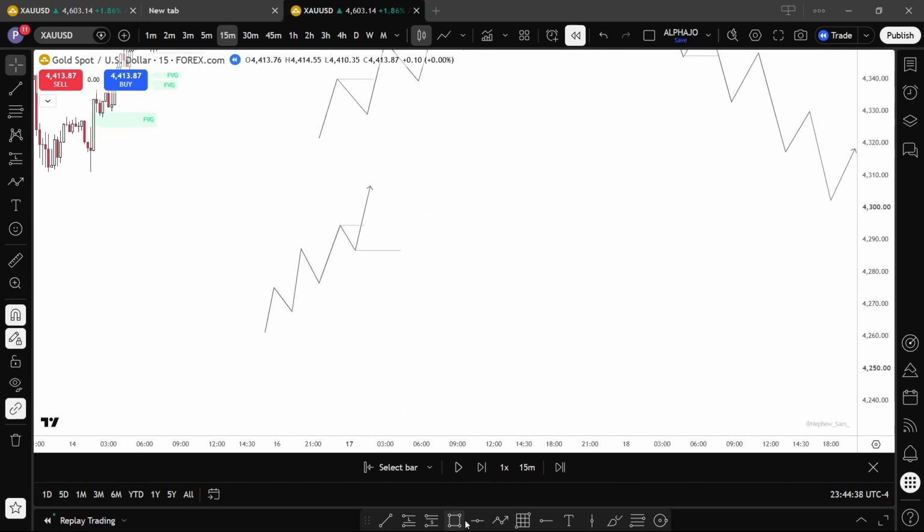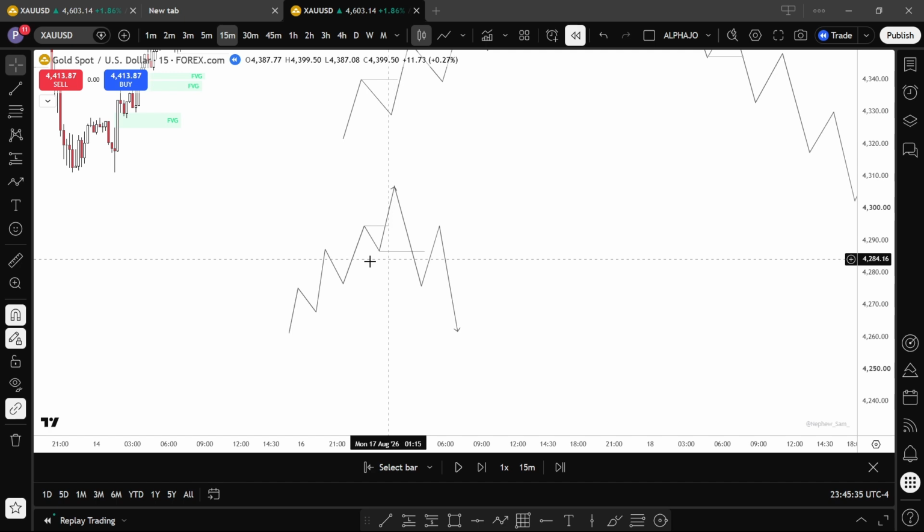But the moment price breaks this important low here, this shows us that they want to change the direction they are already moving in, and that's what we call our market structure shift. Price breaking this important low can give us an early sign of a potential reversal to the downside, right?